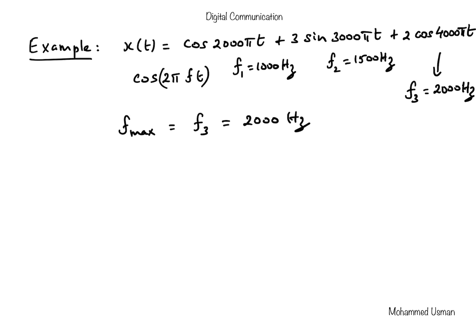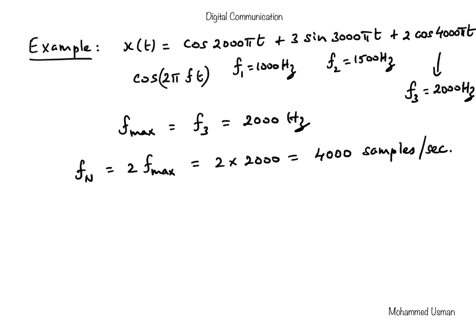So the Nyquist rate for this particular signal, for this x of t, is fn equal to 2 times f max, which is 2 times 2000, which is 4000 samples per second.